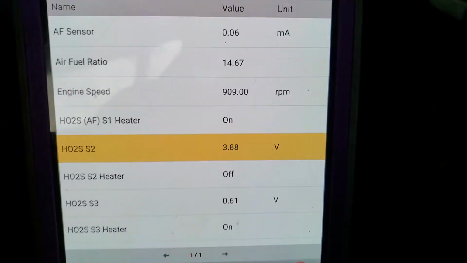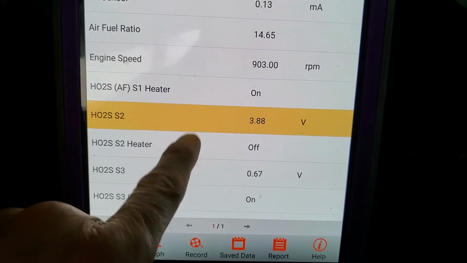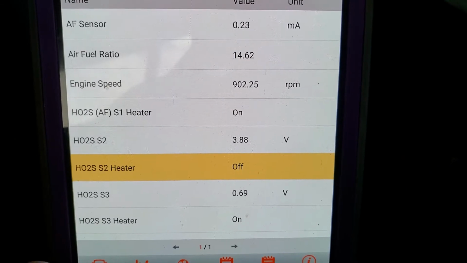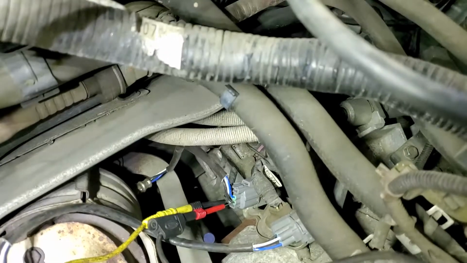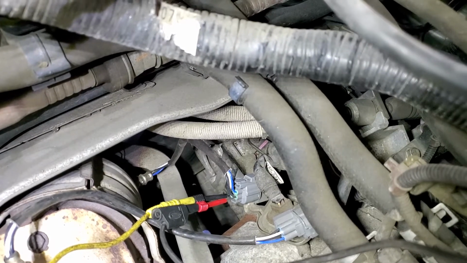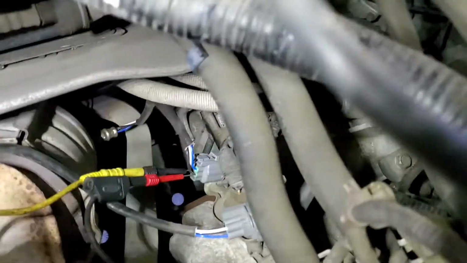Okay, let's focus on that circuit, heater circuit 2, because that's the code we have. Let's start doing the testing. In this case, what I'm gonna do is check for signal from the computer, and also the power.